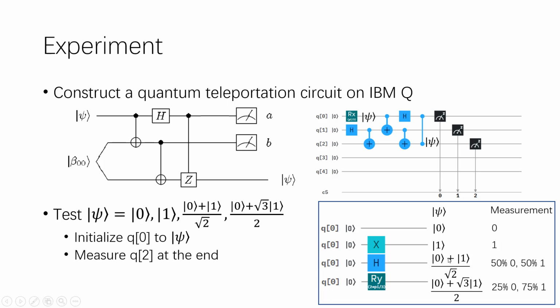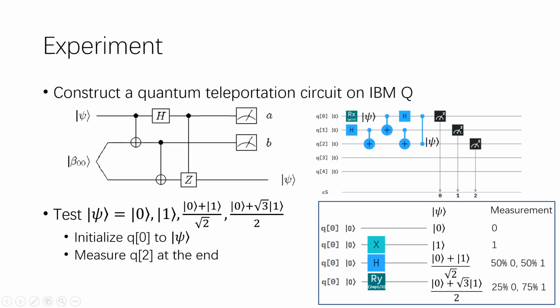To prepare (0 plus 1) over square root 2, I have shown you before that you need a Hadamard gate to change 0 to the superposition of 0 and 1, and the measurement would turn out to be 50% 0 and 50% 1.